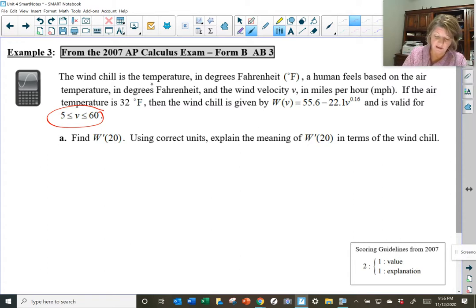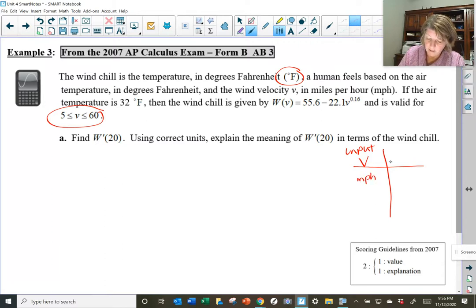So the wind chill a human feels is based on air temperature and wind velocity in miles per hour. If I thought about a chart, V would be my input, wouldn't it? And V is coming in miles per hour. My output was the W. What was W?